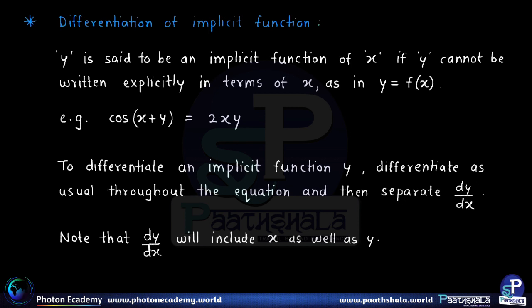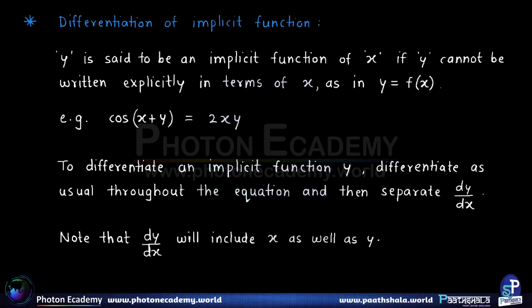We use all the known rules and separate the term dy by dx on one side. Interestingly, the derivative dy by dx will typically include x as well as y in its value. Let us see some examples which have implicit functions.